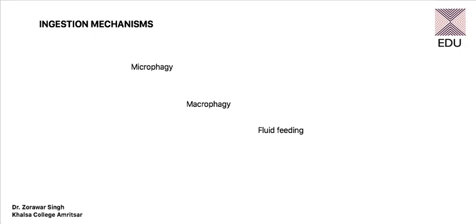So students, at the end, if we summarize the mechanisms of ingestion of food, the animals may be divided into three main categories. First is microphagy, which is taking up of very small food particles.